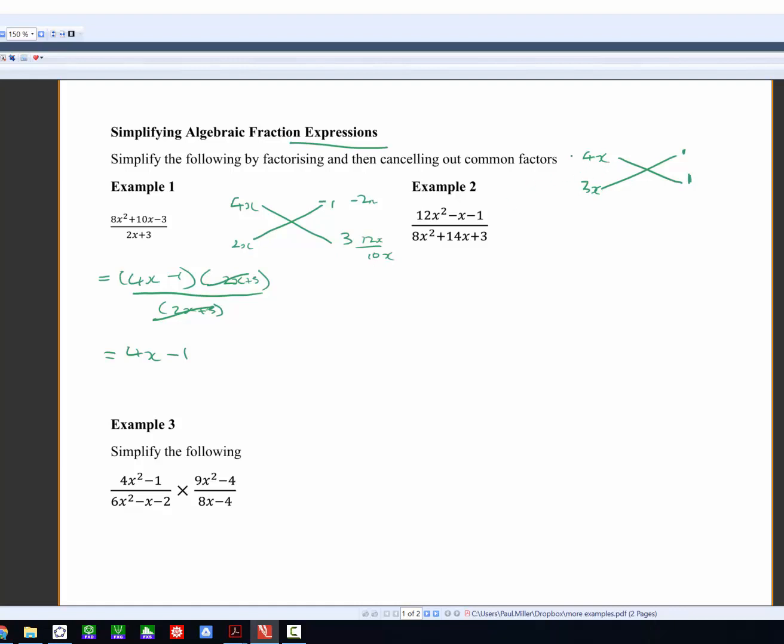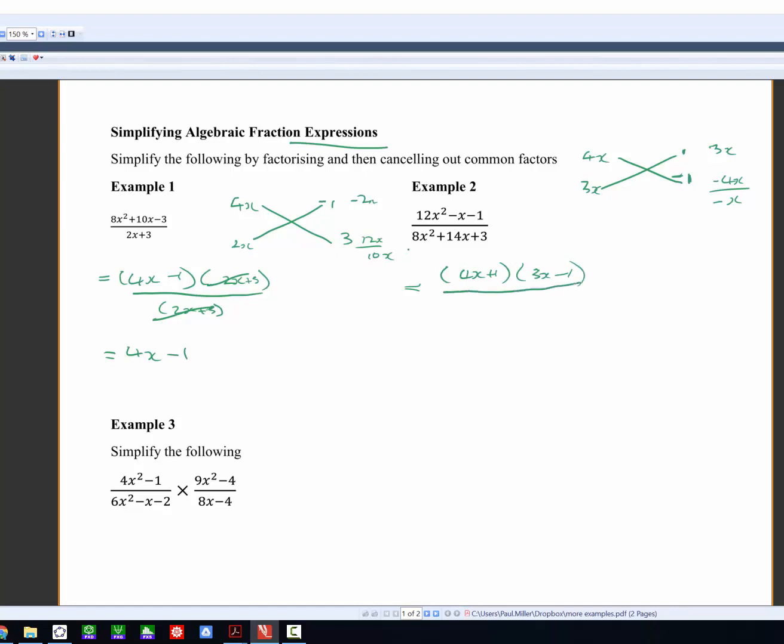One of them needs to be negative, and it's going to be this one here. So this is going to be 3x in the test. This is going to be negative 4x in the test. When they add together, they add to negative x, which is that one there. So our top line is going to be 4x plus 1, 3x take 1.